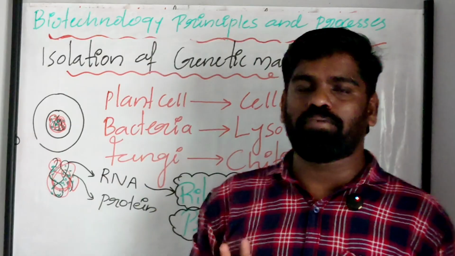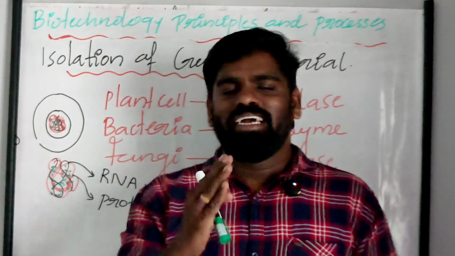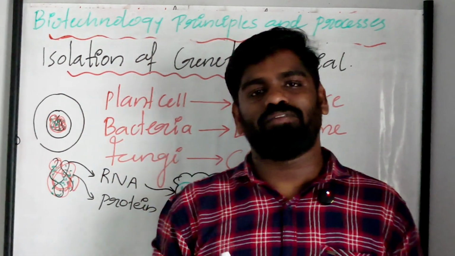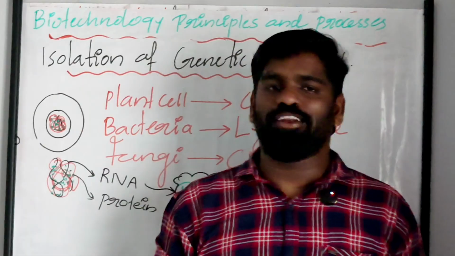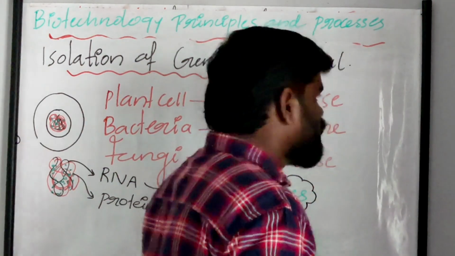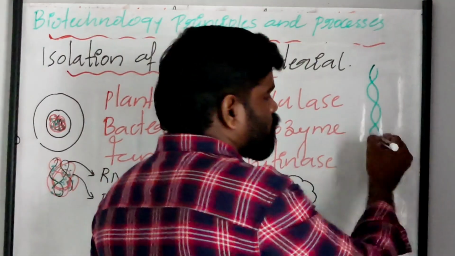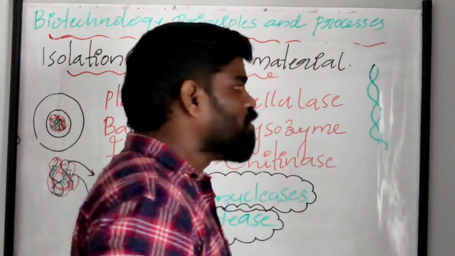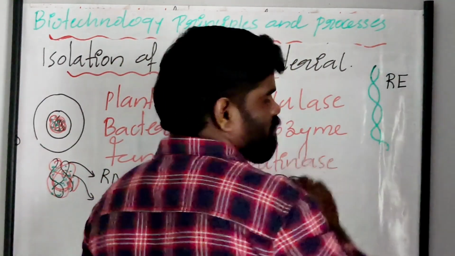In the first step, isolation of genetic material. Now the second step is fragmentation of genetic material by restriction endonucleases. Just consider this as the DNA. As I have already told you, after separating the DNA, we add restriction endonucleases.